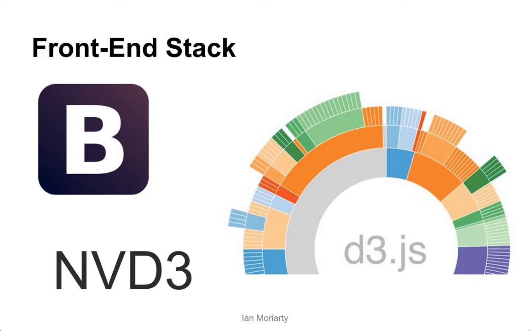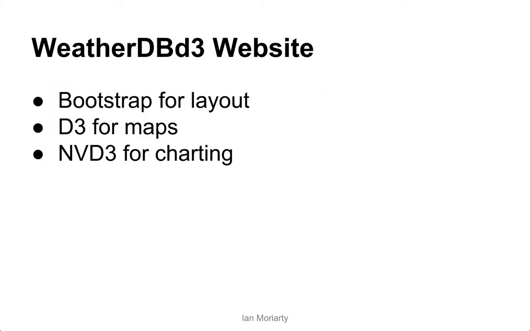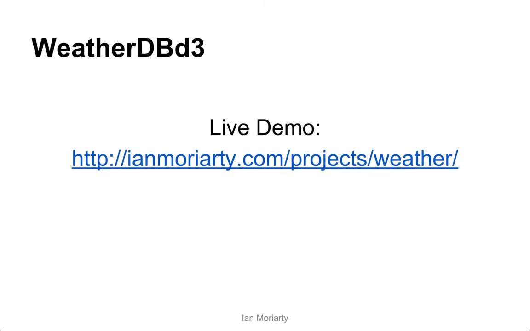And NVD3, which attempts to be a standardization of charting built on top of D3. Like I said, Bootstrap for layout, D3 for maps, which I'll show you in a second, and NVD3 for charting in the front end. So first I'm going to show you a demo of the back end, and then I'll show you a demo of the front end code.